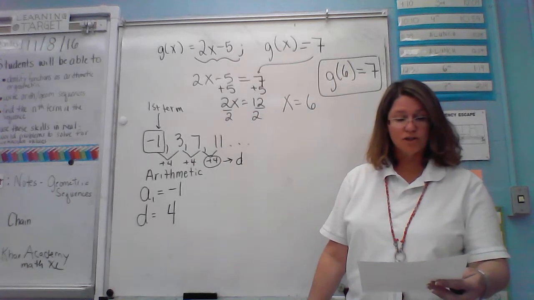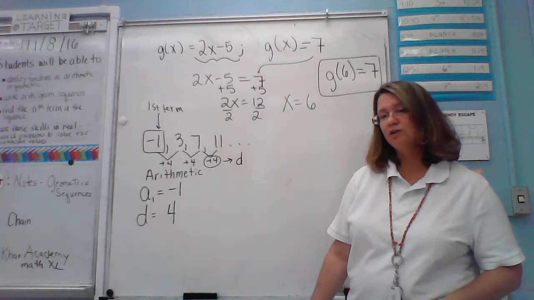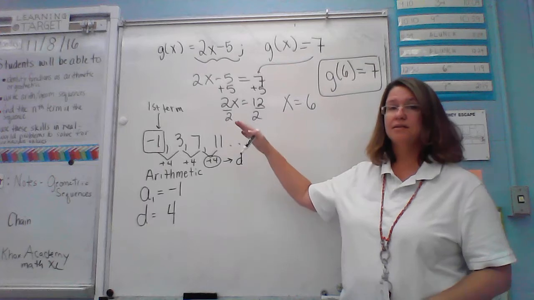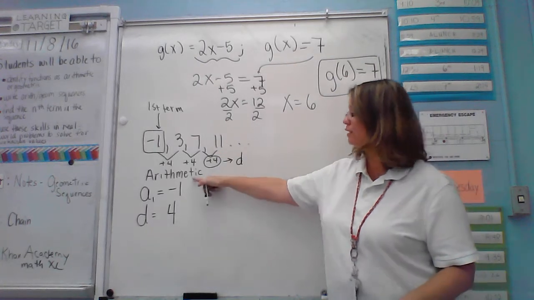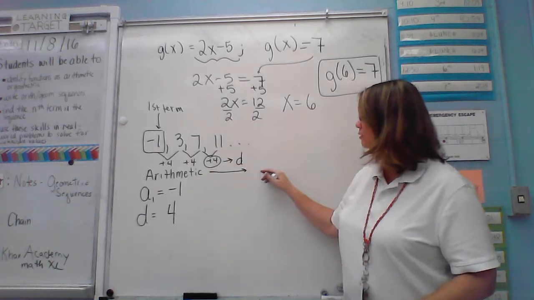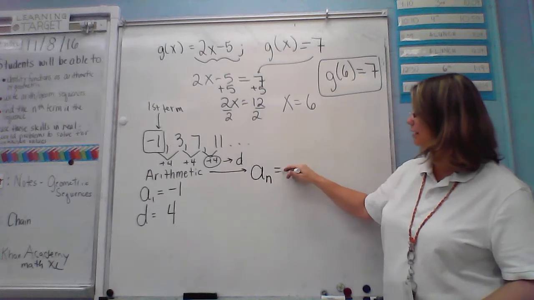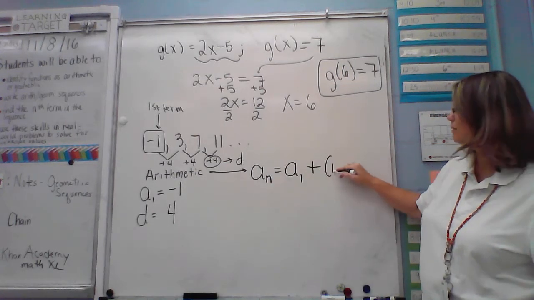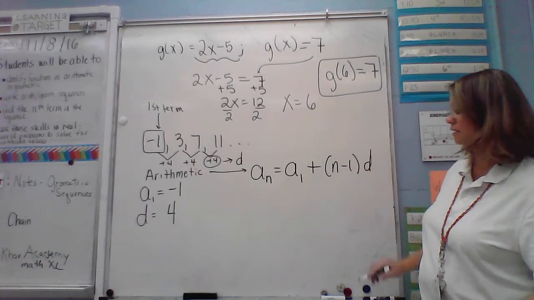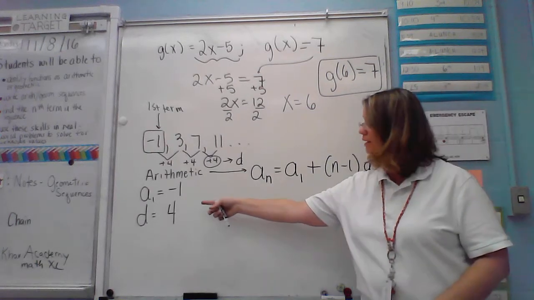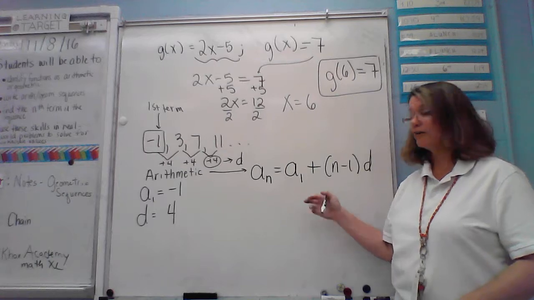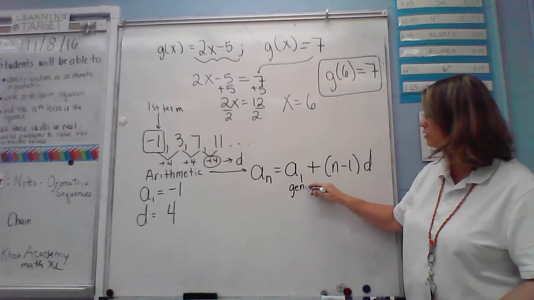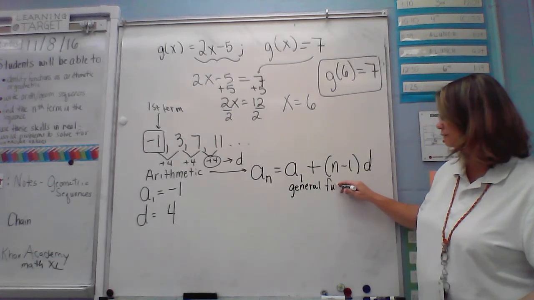If you look at the next question, though, it says, what is a general function for this sequence? Well, first of all, it's arithmetic. Arithmetic means A sub n equals A sub 1 plus n minus 1 times d. All I need to do is plug this information into here, and I will have a general function.